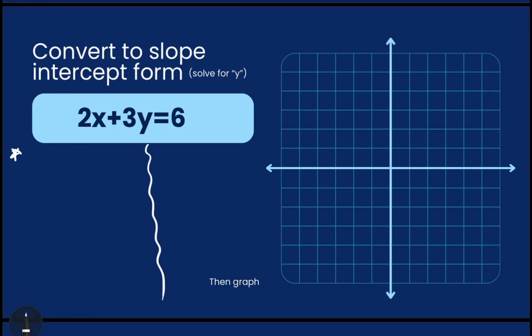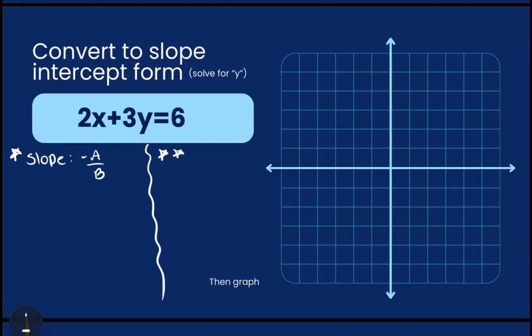Here I'm going to do my shortcuts. Here I'm going to do the method, which is to solve for y. So first I'm going to use my shortcuts. Remember that slope is found by doing negative a divided by b.